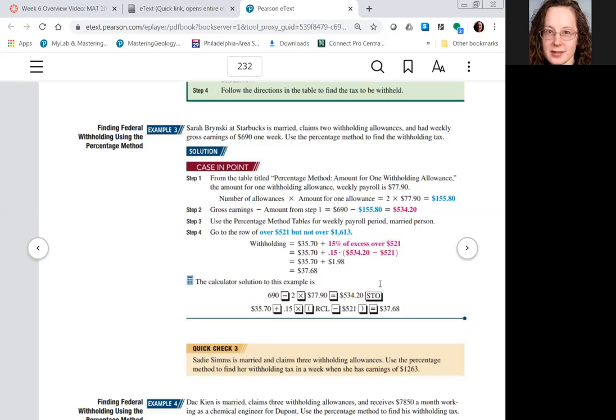Notice that there's some information here right below example 3 for how to plug it into your calculator. If you're using the Windows calculator, instead of STO for store, it's going to be the MS key in the top row for memory store.